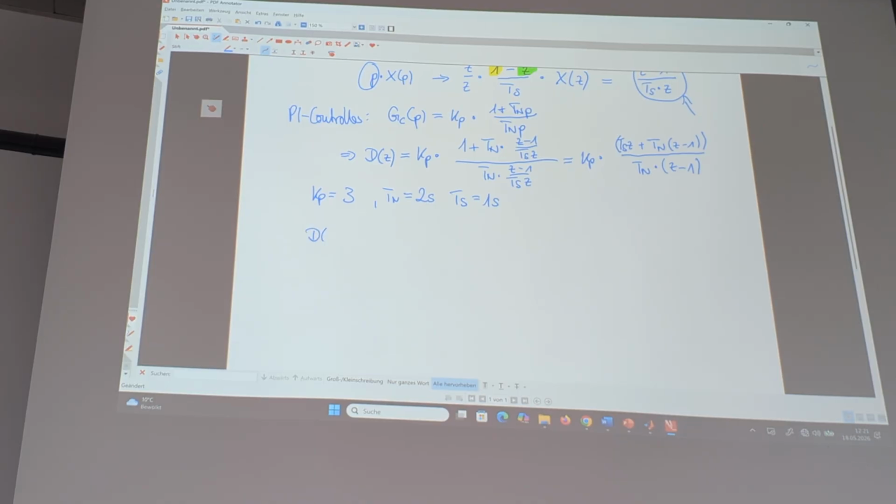Then we have D of z equal to 3 times, and here in the numerator we have Ts z plus Tn z. So Ts plus Tn is 3.